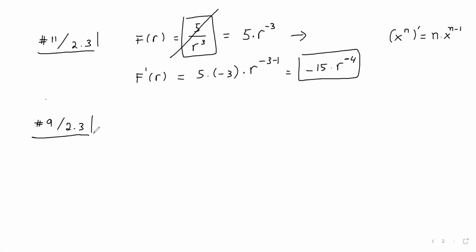Number 9 says here's a function g of t equals 2t to the negative 3/4.